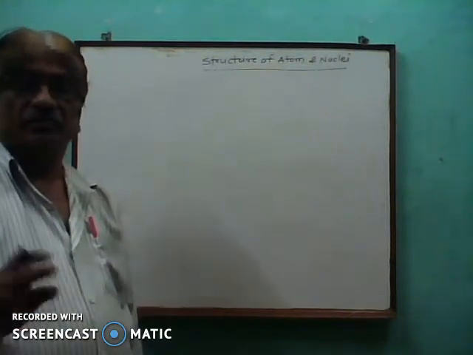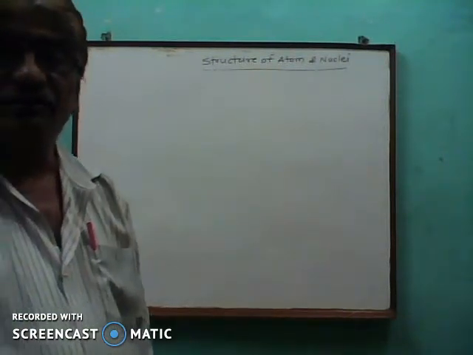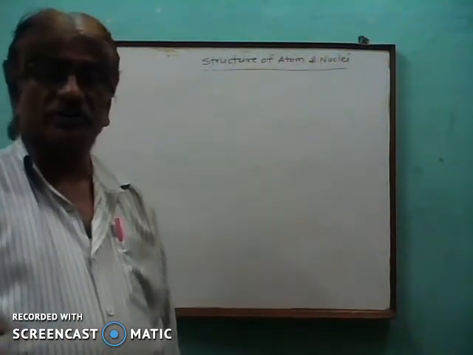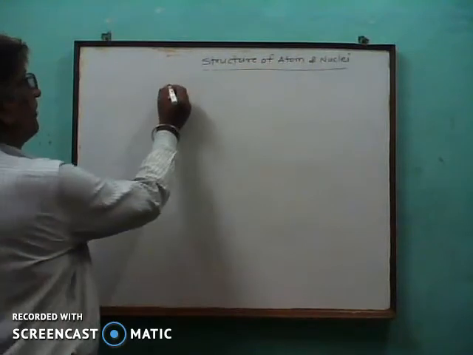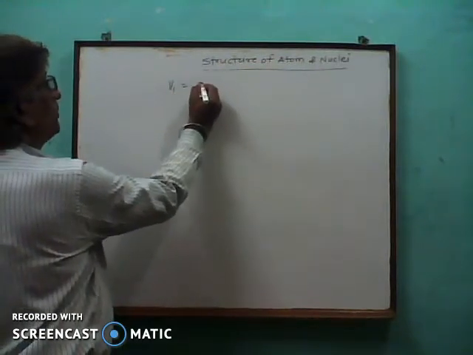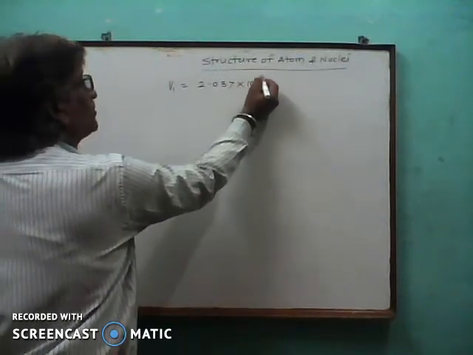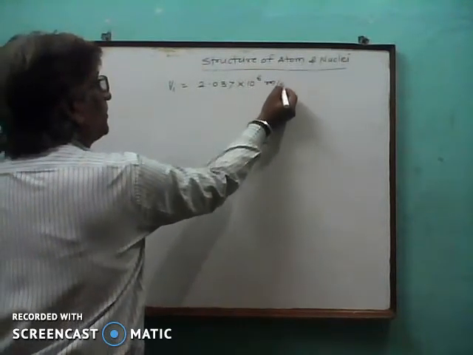In this class, we have seen the velocity of the electron in the ground state of Bohr's theory of hydrogen atom is V1 equal to 2.037 into 10 raised to 6 meter per second.